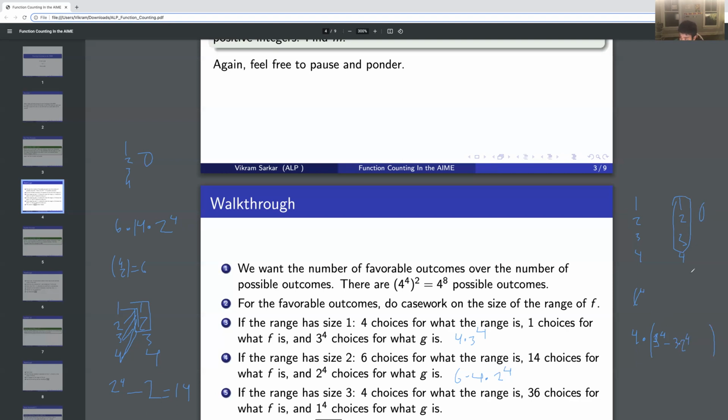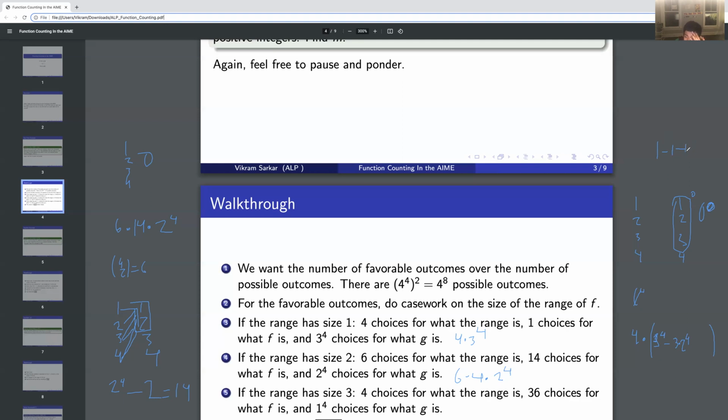But you also count, let's say the range is just 1, right? So how many times did you count this? You counted it in the 1, 2, 3 case once. You counted it in the 1, 2 case once, I think. You counted this in the 1, 3 case once.